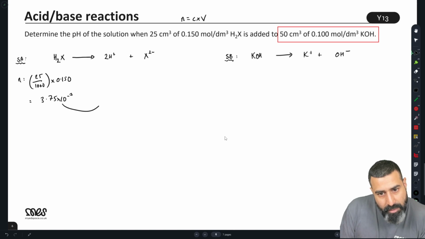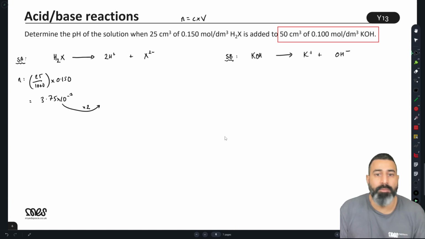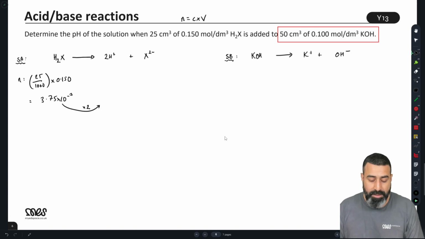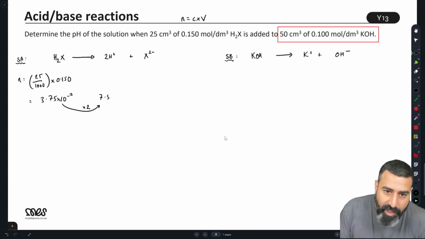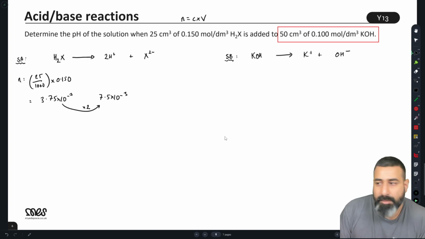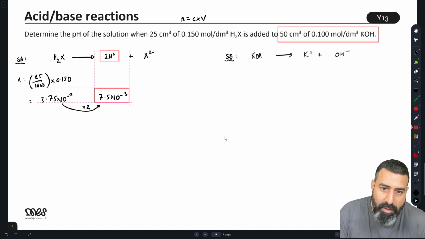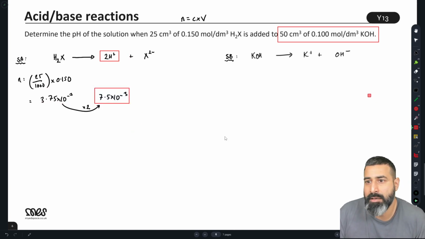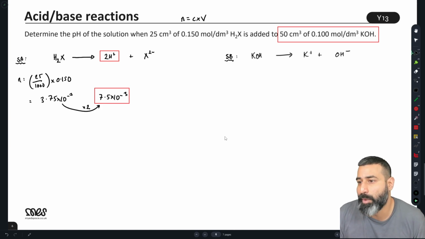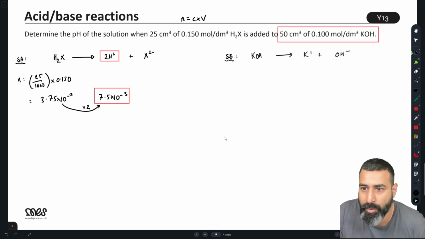So then, to work out the number of moles of protons, I'm just going to double it. So that's going to be 7.5 times 10 to the minus 3. So I've just worked out the number of moles of H+. Then I'm going to do the same thing for the KOH. I'm interested in the OH minus here. That's why I wrote out the dissociation steps. So I'm going to work out the number of moles of KOH.